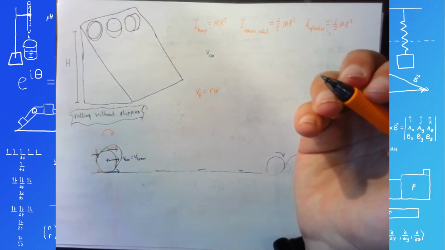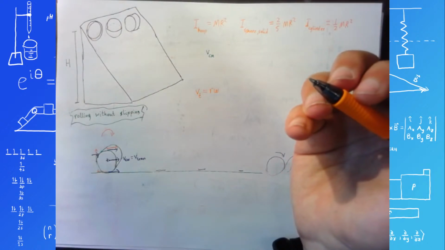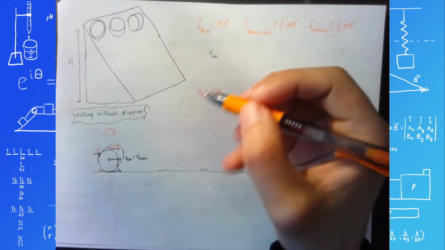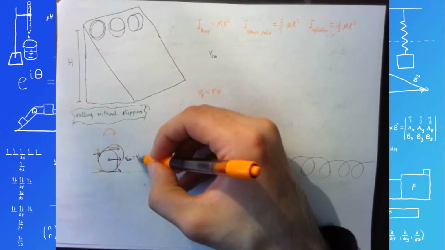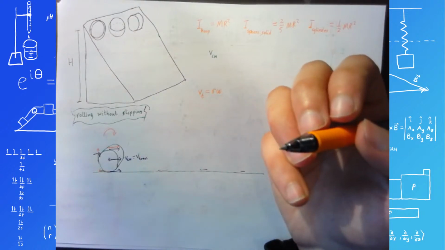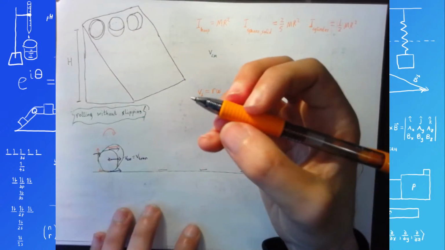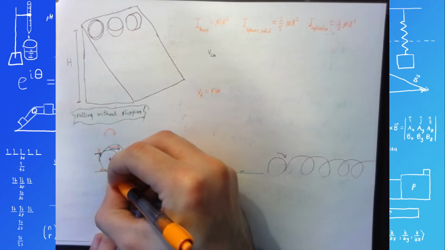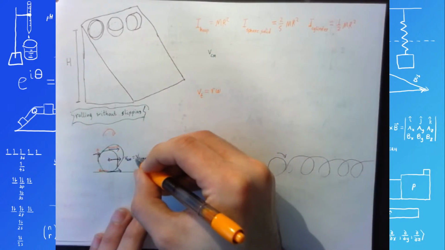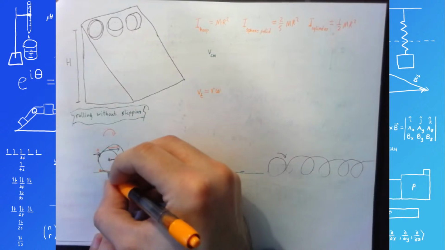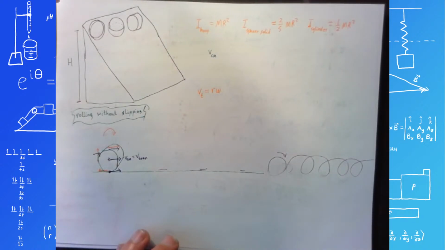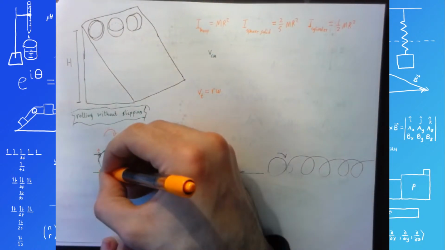So rolling without slipping occurs when this V tangential is equal in magnitude to this velocity of the center of mass. What happens at this point is, over here, if this V tangential is equal in magnitude to V center of mass, then the total velocity at this bottom point that's touching the ground is going to be 0 here. These would be equal and opposite.